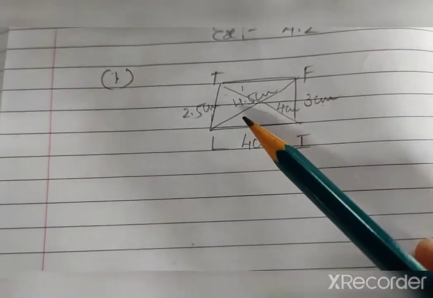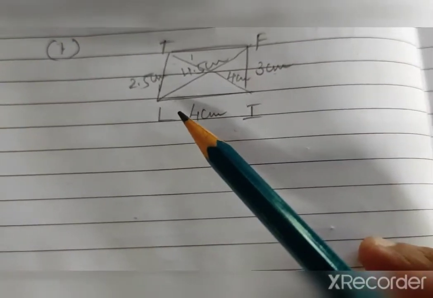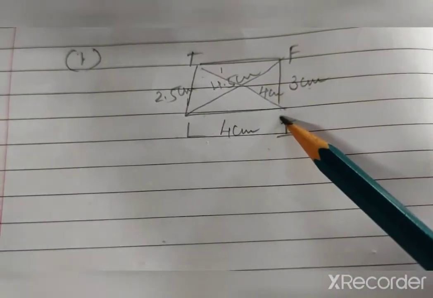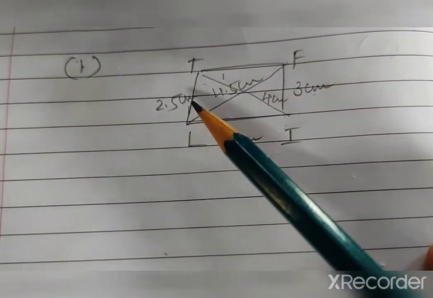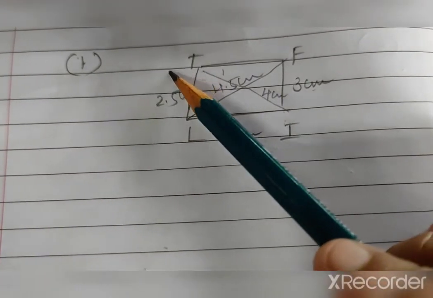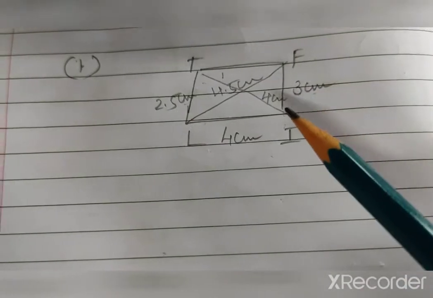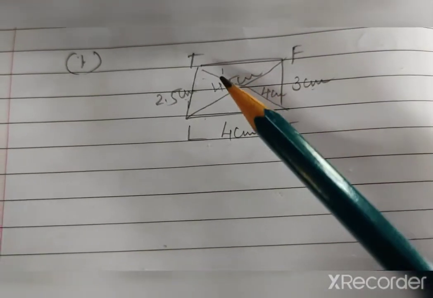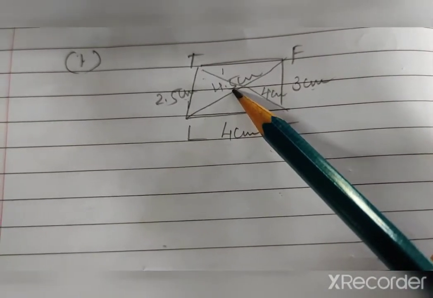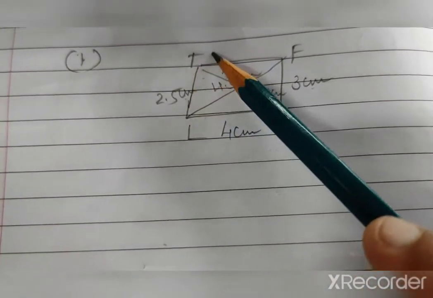So first we can draw this LI. Then by taking L as a center, we draw an arc with radius 2.5 centimeter. Then from I, we take radius 4 centimeter and draw an arc.